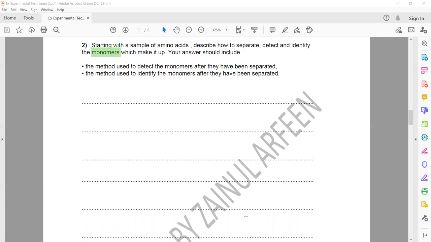So what we can do, if we want to identify, yeah, this can be done, Yusra, but because it is a separation technique, we have to mention a separation technique. So here, the technique which we will mention, we will use chromatography.